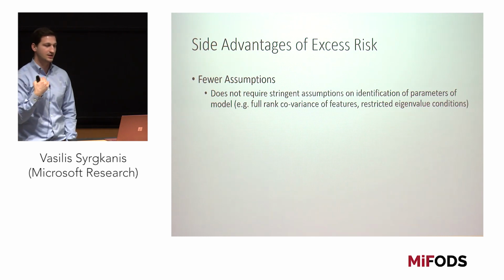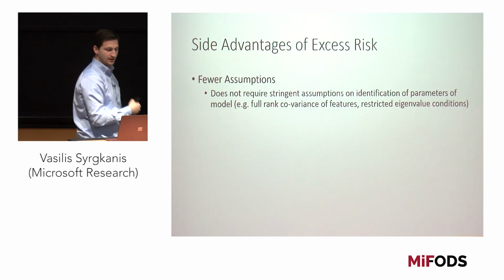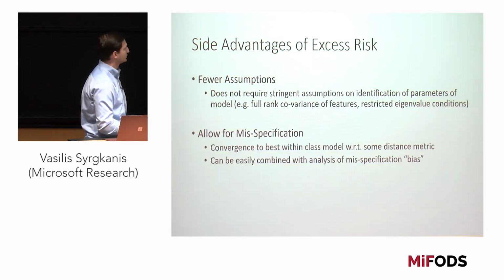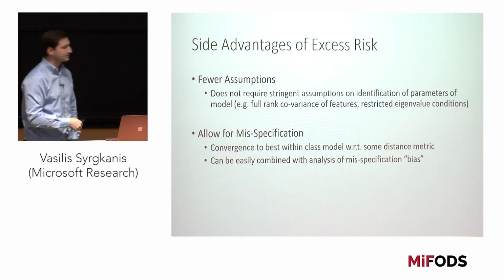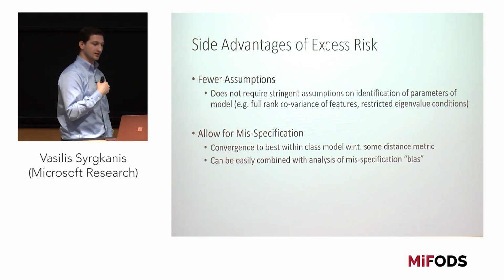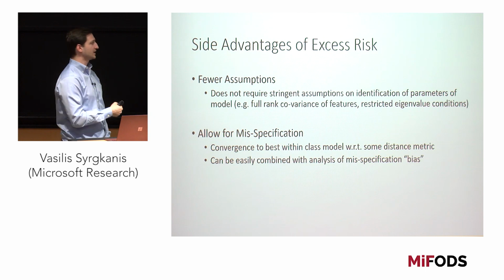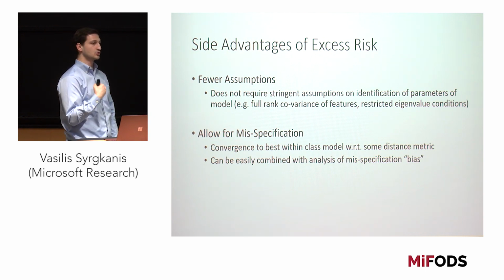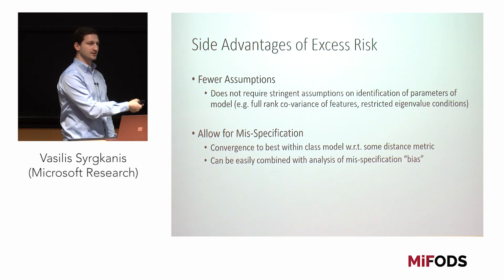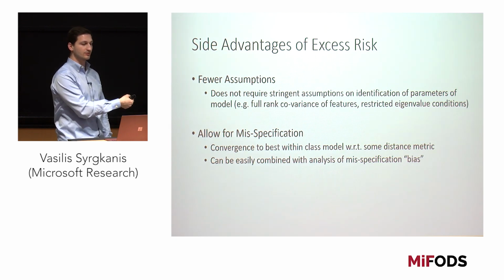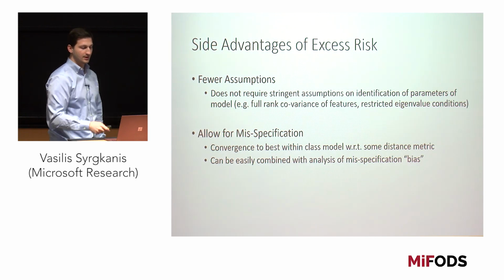If you just want a generalization bound, you might not need to assume such a condition. And many times you can also prove results when you have misspecification. When you focus on excess risk, you can say my true model of heterogeneity might not be in the model space that I'm optimizing over, but maybe I'll achieve good excess risk with respect to the best policy in the class.